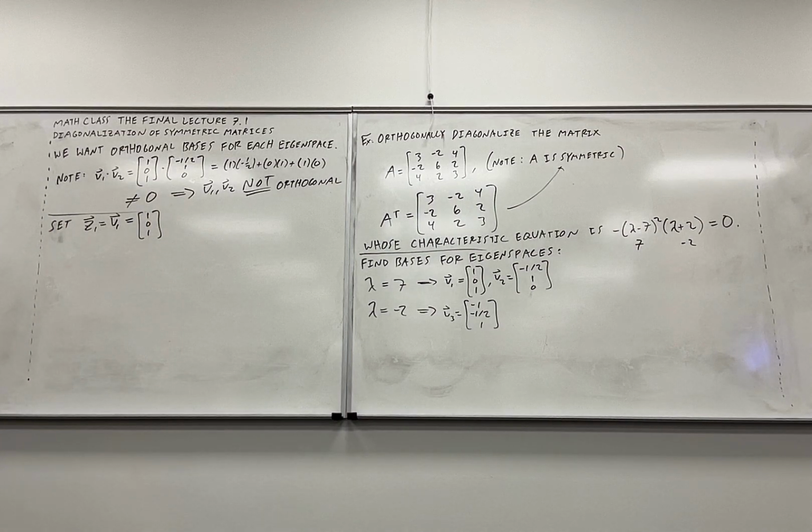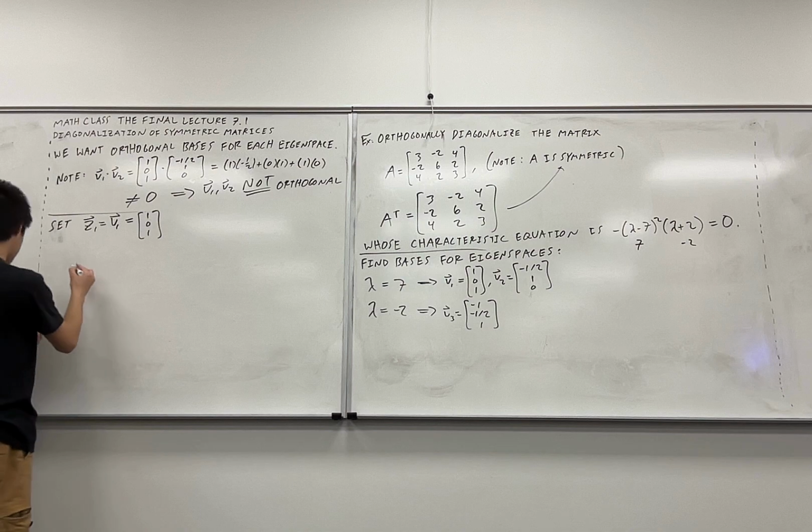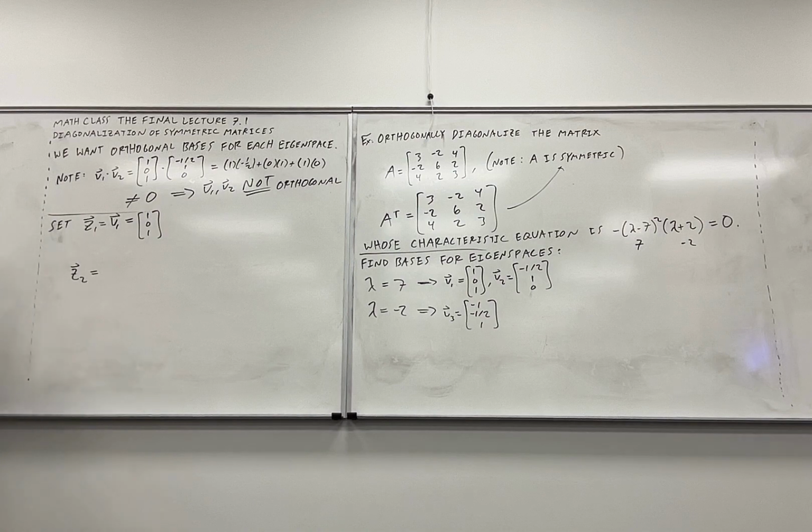If you need to take the time to flip back in your notes to when we did Gram-Schmidt originally, that's totally fine. You're still in study mode. But be able to put the formula together for Z2. How do I compute Z2 from the formula? Let's do the formula first and we'll plug and check. Z2 equals V2 minus V2 dot Z1 over Z1 dot Z1, times Z1.